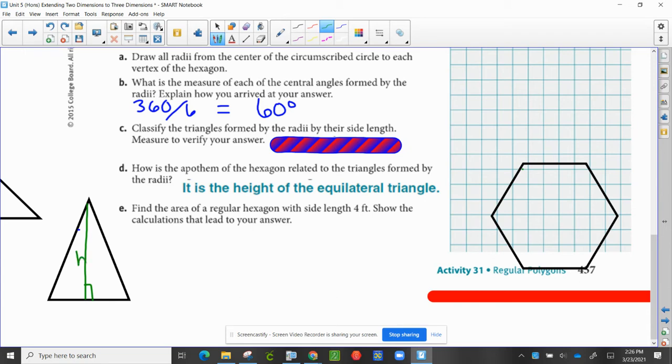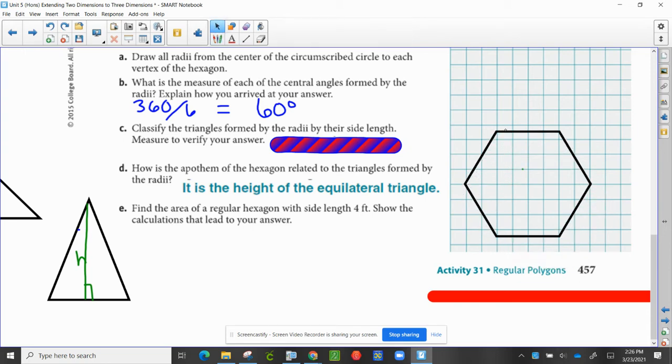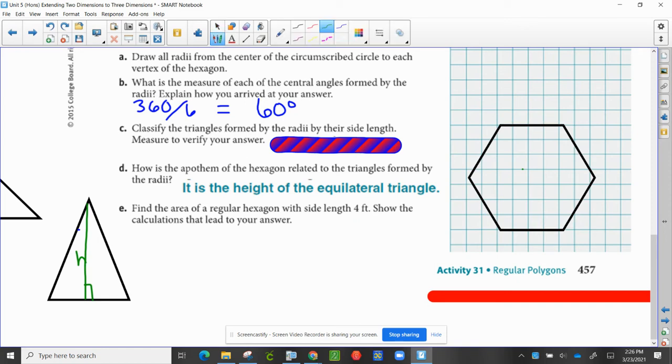It says in question E, find the area of a regular hexagon with a side length of 4. So I drew a regular hexagon here on the side. Remember, regular hexagon means all the side lengths are the same size. So we can think about this as a hexagon that's inscribed in a circle with an apothem down the middle, cutting this into 2 congruent parts.